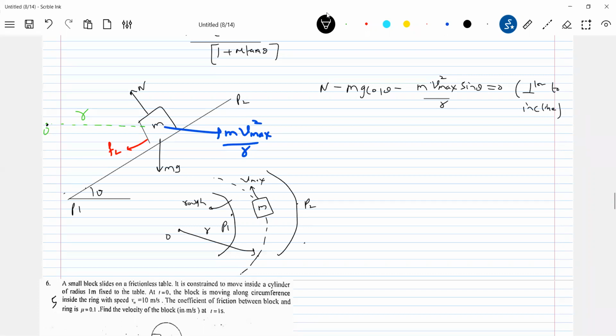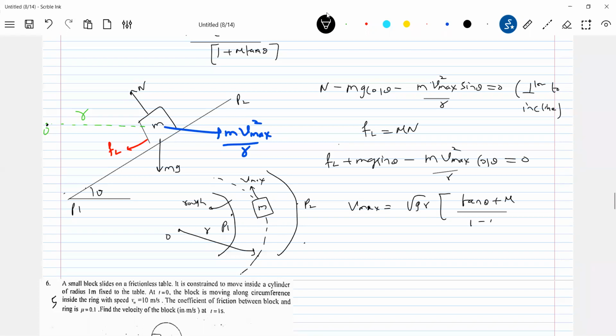Parallel to incline, mg sin theta, and FL is equal to mu N. Then parallel to incline, FL plus mg sin theta minus m V max square by R cos theta equal to 0. Solving all these three equations, we'll get V max equal to root over gr tan theta plus mu over 1 minus mu tan theta. You see that it is the same set of equations that you came across there.